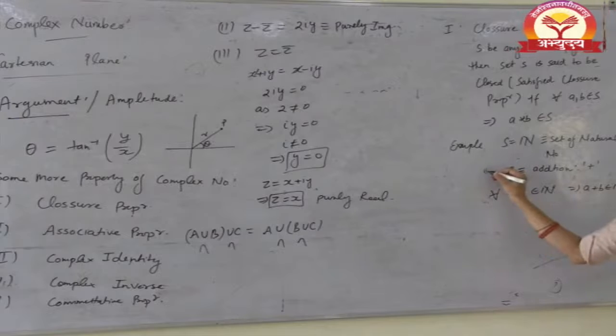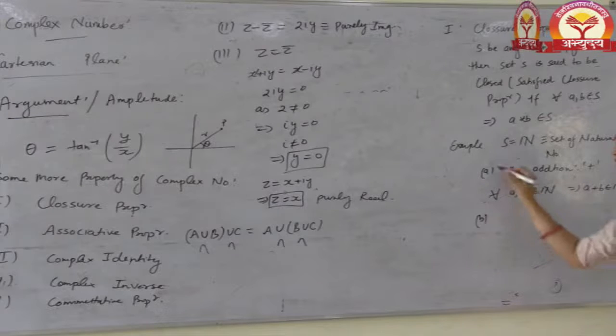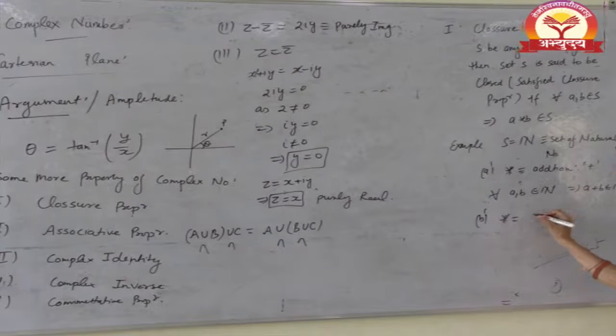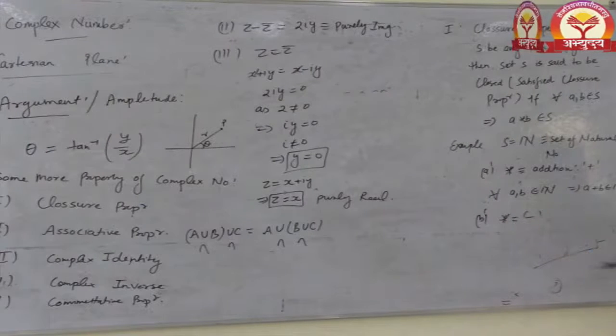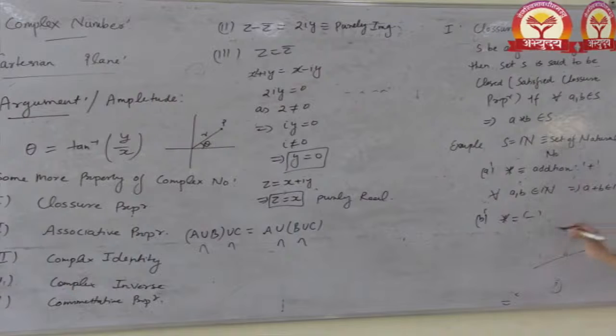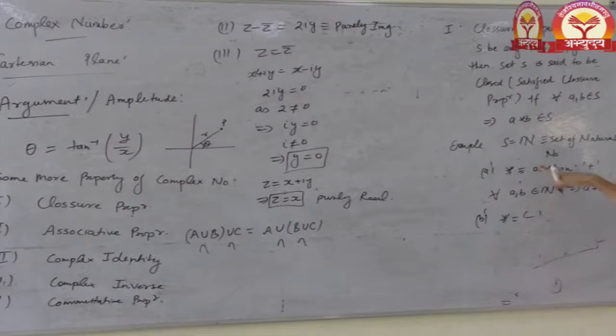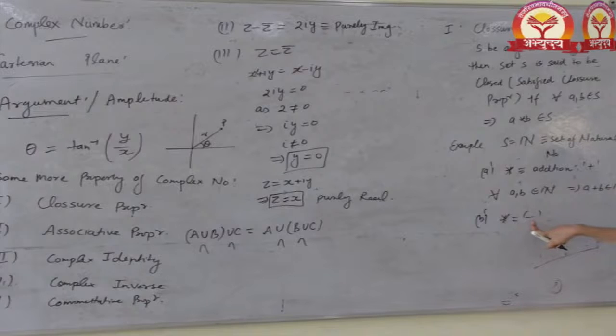Now this one is case A. Let case B be, suppose star is subtraction. In that case, is the natural number set closed over this operation?